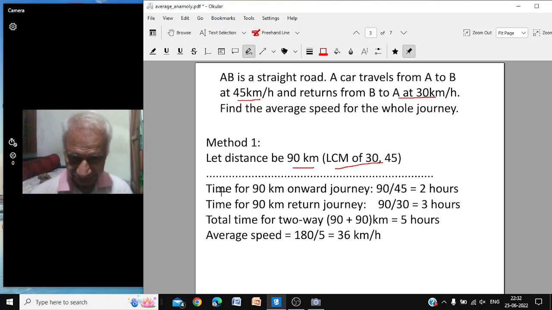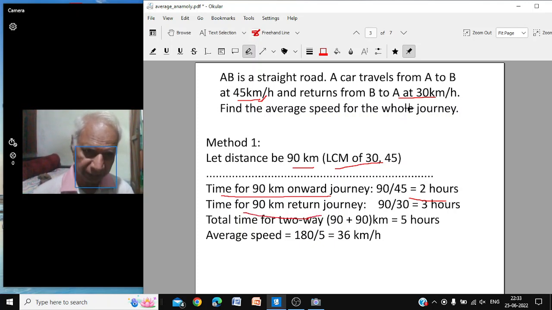So the 90 kilometer onward journey A to B at 45 kilometer per hour would take 2 hours. And the time for the 90 kilometer return journey from B to A at 30 kilometer per hour would be 3 hours. So the total distance going 90 and coming back 90 is 180 kilometers, and the total time is 5 hours.